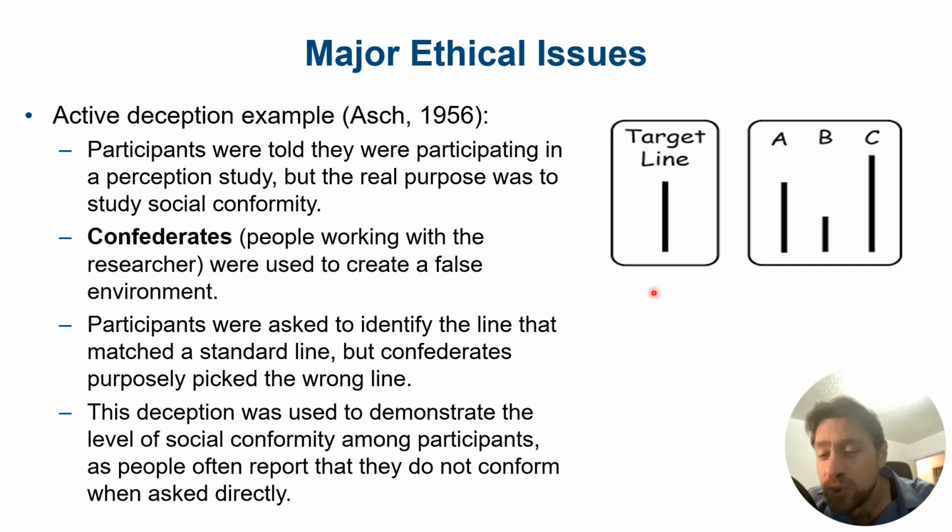And this shows you the power of conformity. Anyway, it's a fascinating study, but the point is that's an example of active deception. People were lied to and told this was a study on visual perception, when in fact the purpose was completely different.